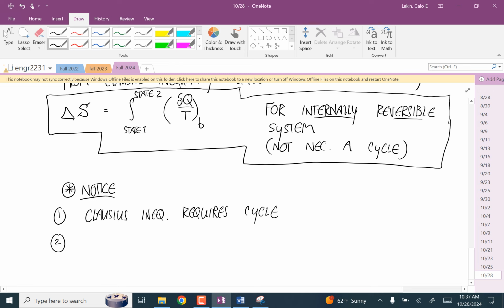And second, the definition of entropy requires an internally reversible process. Those are the differences between those two things.